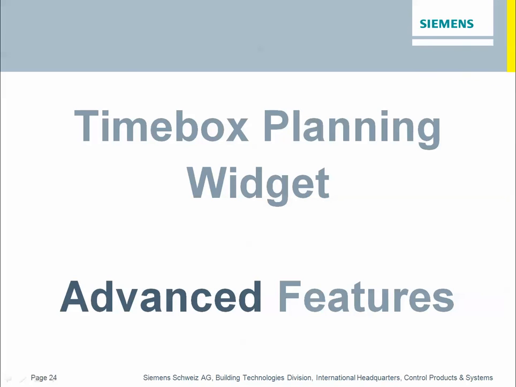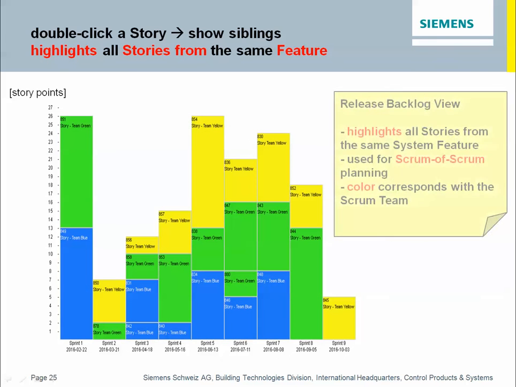So what are the advanced features of the Timebox Planning widget? In the picture before, we saw that 3 stories of 3 teams contributed to the same system feature. And that's nice if we have the release backlog, so we can see which stories belong to the same system feature.